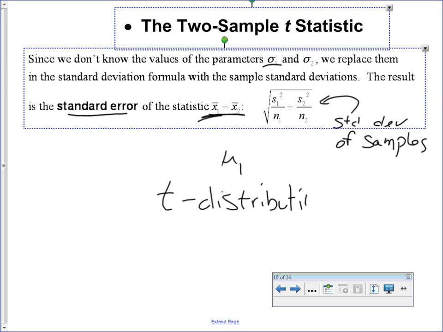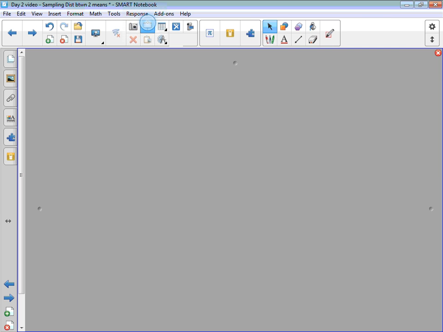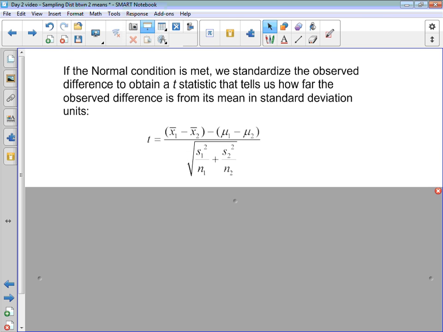And we should have been comfortable with this based on what we did before. Let me cover something up here. So this is our t distribution.